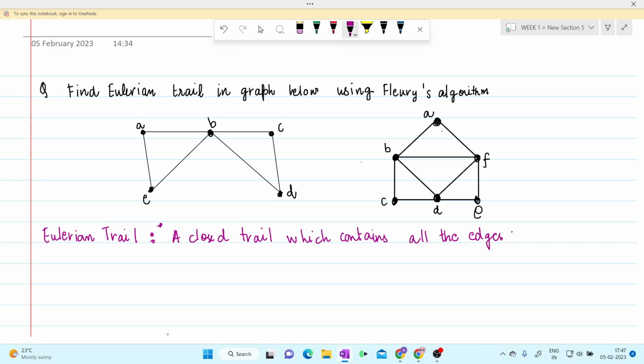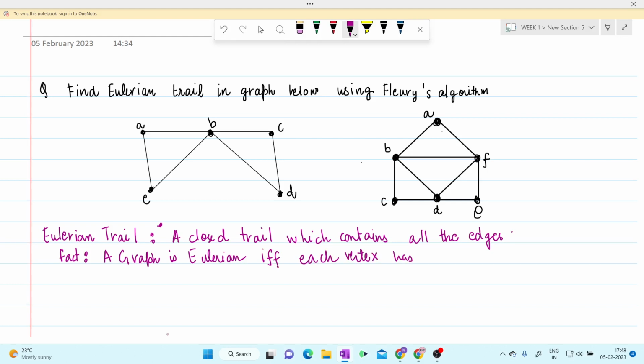We also have this result that if a graph has an Eulerian trail, that graph is called Eulerian, and we say that a graph is Eulerian if and only if each vertex has even degree.